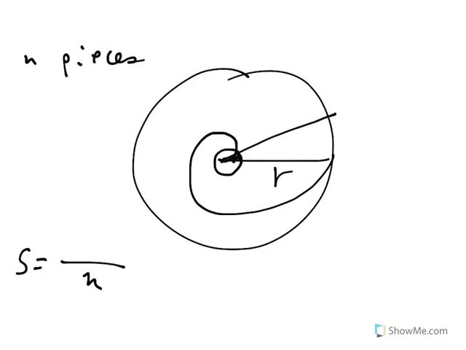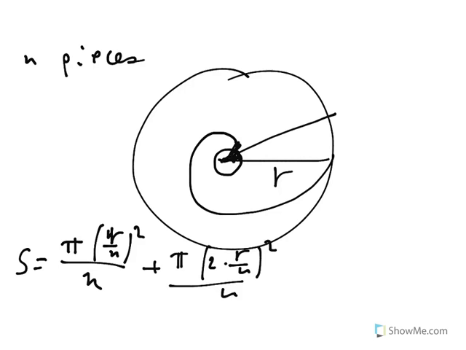We have to cut it into n pieces. So we're going to be dividing by n, and the whole circle is pi times r over n squared. And the second one is pi times 2 times r over n, squared, because the radius of the second one is kind of double the radius of the first one.